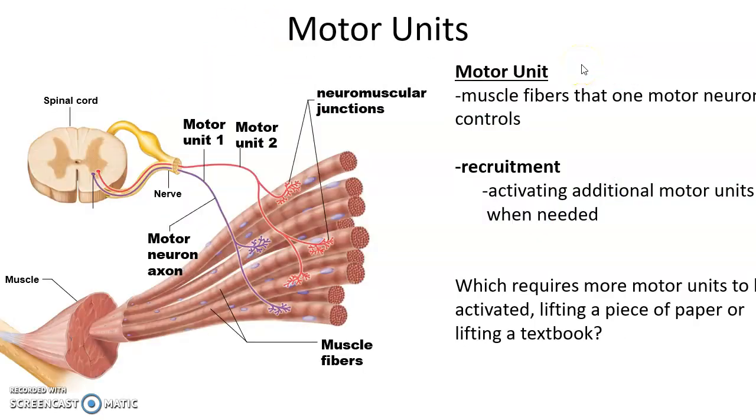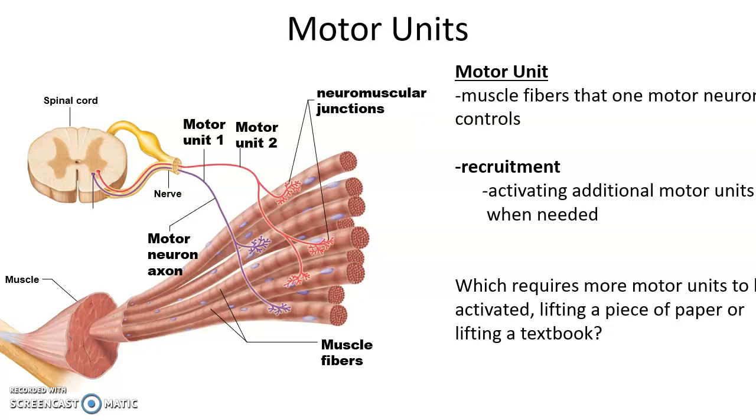All right. Turns out, as I'm sure you're aware of, there are lots and lots of muscle fibers in any one muscle organ, millions probably. And it turns out that not all of those muscle fibers need to contract at the same time.